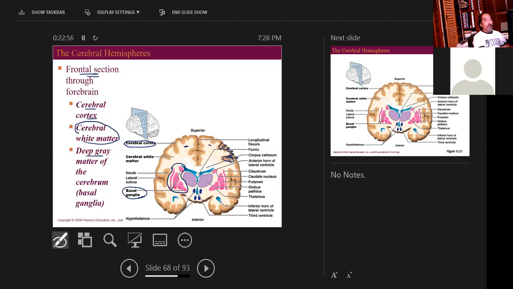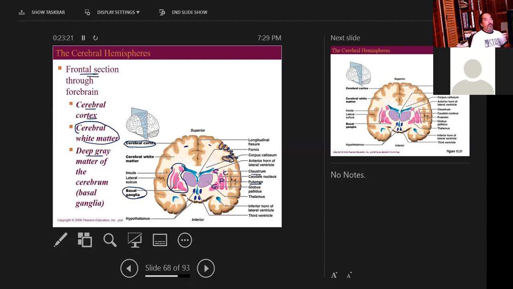So what are the different parts of the basal ganglia? Okay, it's going to be your C, caudate nucleus, and then G, globus pallidus, and P, I'm not saying a bad word here, putamen, and then C is called claustrum.